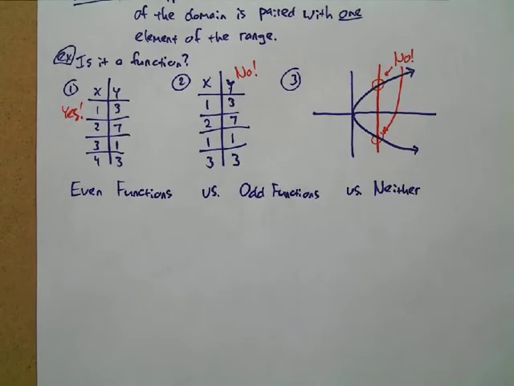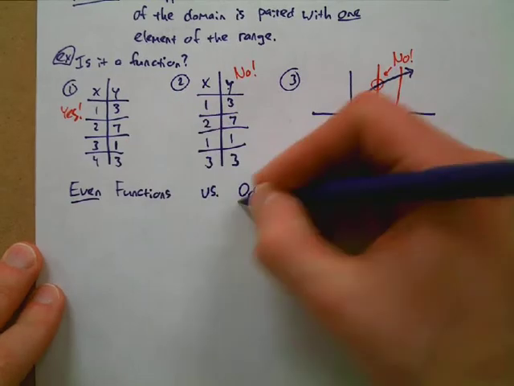Even and odd functions are not mutually exhaustive. There's even functions, there's odd functions, and then there could be other functions that are neither of those. So this kind of stuff will be on tomorrow's quiz for sure. You want to make sure you've got this stuff down today.